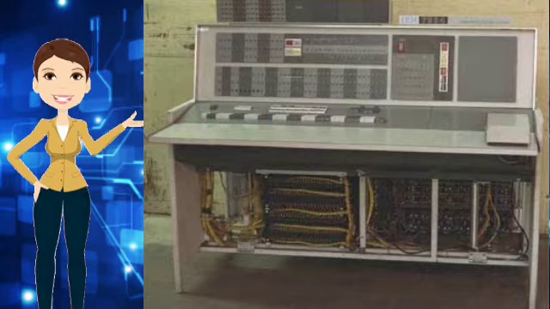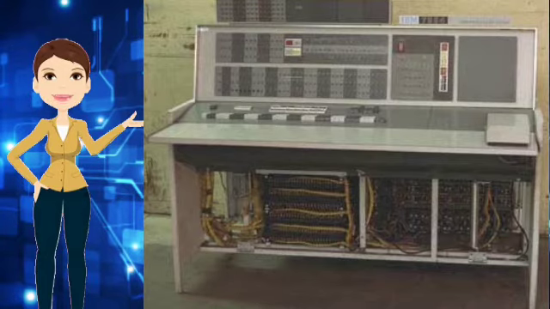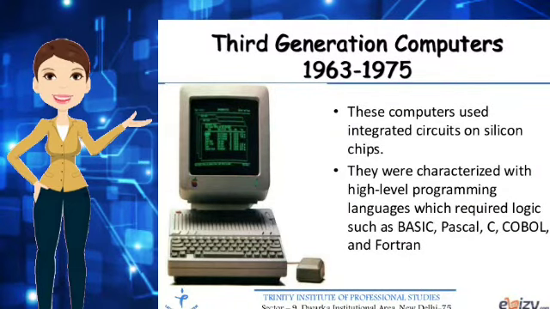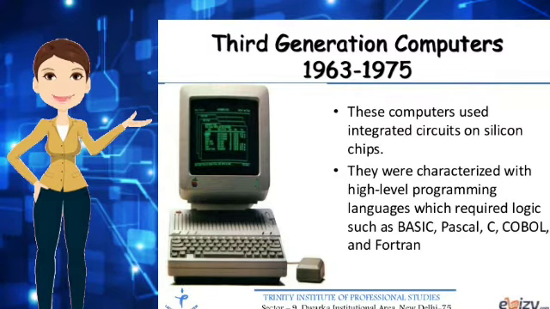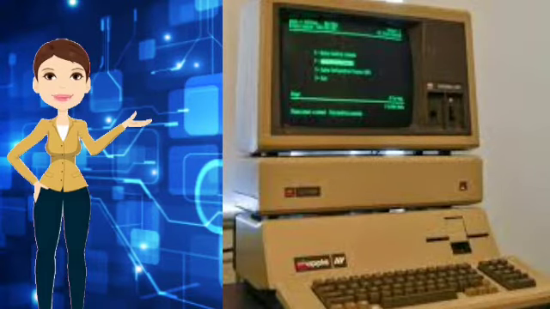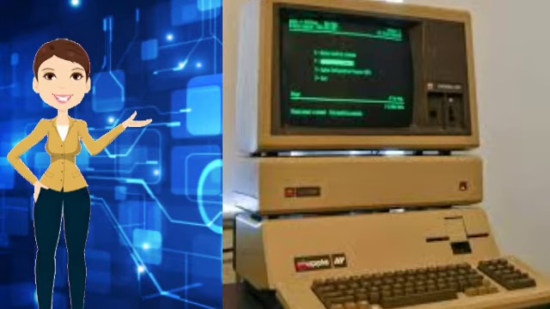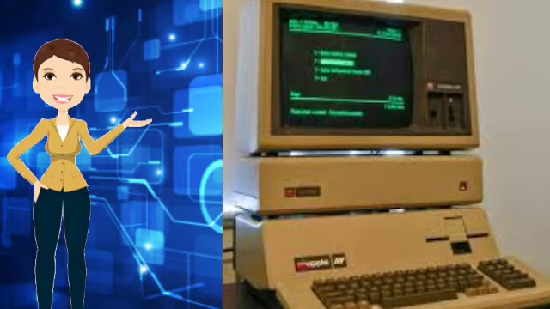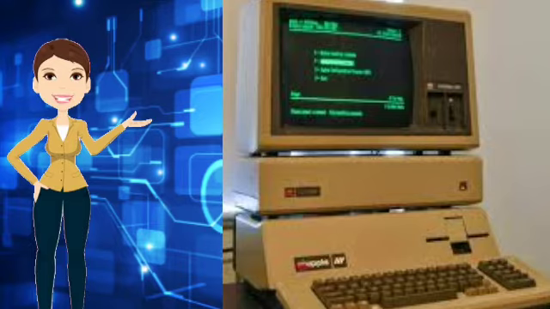Next is the third generation. Third generation computers used integrated circuits. Compared to the second generation, in this third generation there are 10 million circuits per square foot. The third generation is smaller in size, faster and more accurate than the second generation, and less expensive also. The third generation started in 1964 to 1971.